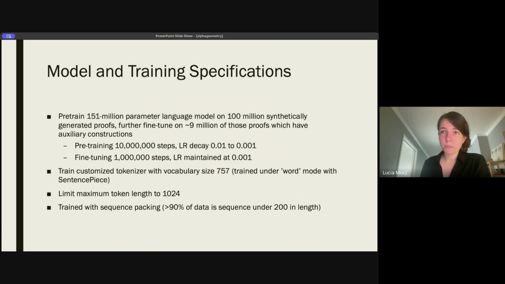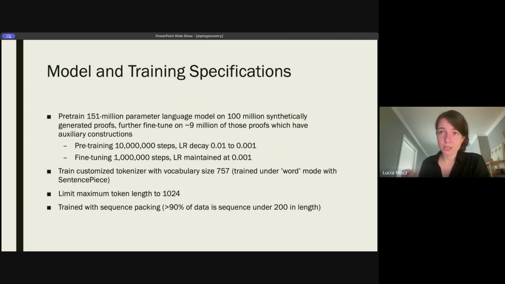So they do start by pre-training a model from scratch on only a vocabulary which has the symbolic grammar. They have a relatively small model of only 151 million parameters that they train on the full 100 million synthetically generated proofs. And they further fine-tune that on those about 9 million proofs which have auxiliary constructions to give that preference in the model.